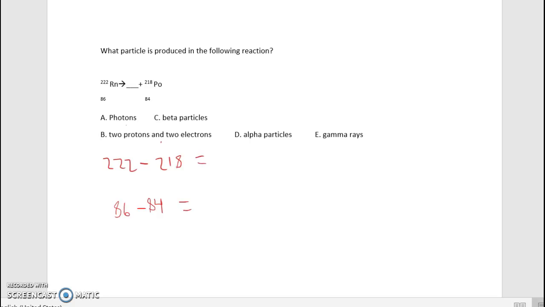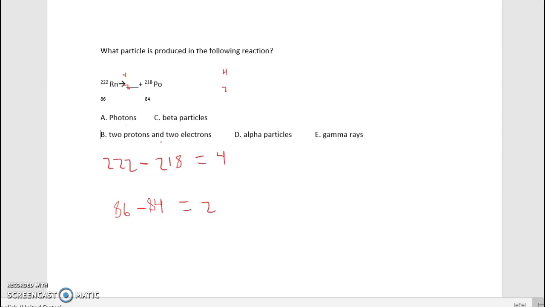And on the top, that's going to give us 4, and on the bottom, that's going to give us 2. So we're going to have a 4 and 2. So we're looking for a particle that has an atomic mass of 4 and an atomic number of 2.